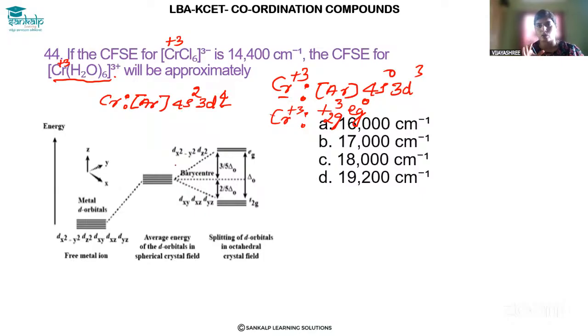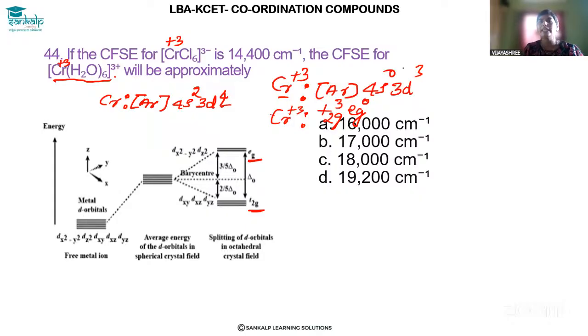In octahedral complexes, before the ligand approaches, the 5 d orbitals have the same energy, they are degenerate. As the ligand approaches, this energy gets split into two sets: a t2g set and an eg set. The t2g set contains 3 d orbitals and the eg set contains 2 d orbitals.